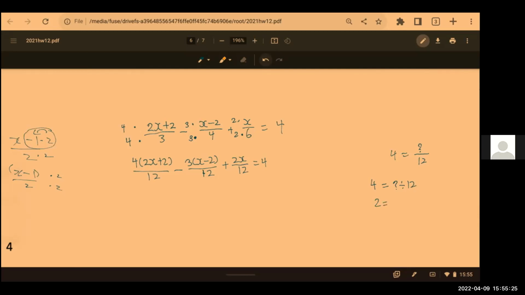This is the example we give ourselves all the time: 2 is equal to something divided by something. Correct. So how do you get the question mark in this case? Match. I asked you to match.